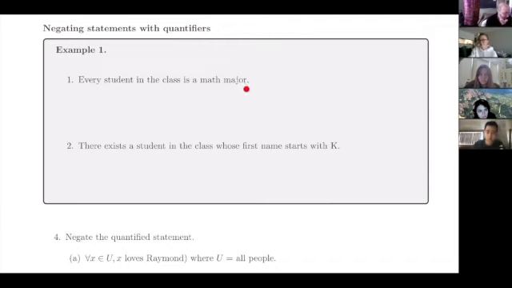What would be the opposite, truth-wise, of this statement? Yeah, great. So here are a couple of statements coming in. Like, at least one student is not a math major.